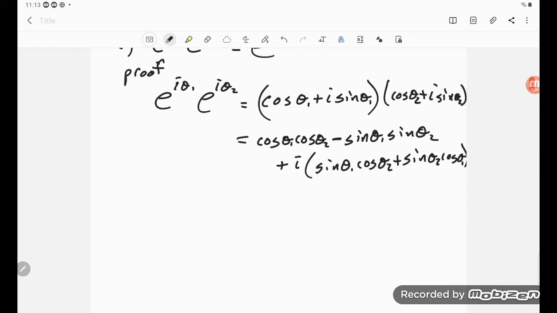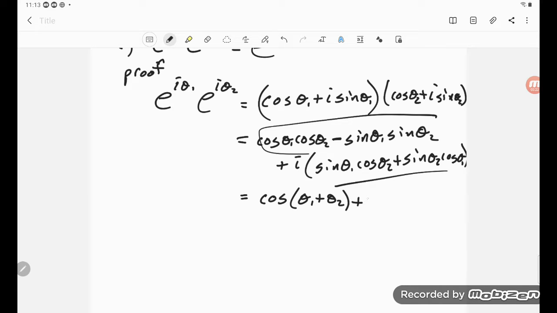And so you see I need trig identities on both of those parts. And so the real part there is cosine of theta 1 plus theta 2, and then plus i sine of theta 1 plus theta 2. Okay. And so that gets us to the e to the i theta 1 plus theta 2, like that.